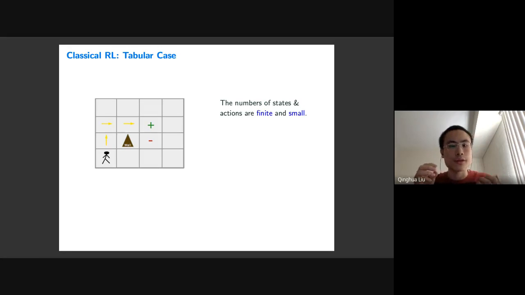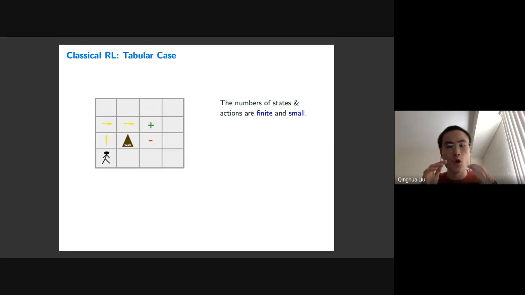So what do we know in theory about those sample efficient or computationally efficient algorithms? It turns out a lot of classical reinforcement learning results have been focusing on the so-called tabular case, which is like this board game.